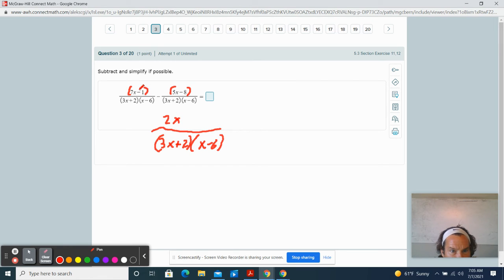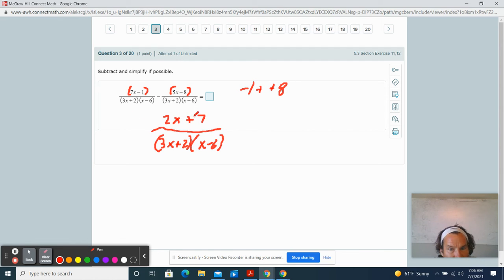And then negative 1 minus negative 8. Let me write this over here. Negative 1 minus negative 8 is really like negative 1 plus a positive 8. Remember, if we have a minus minus, it becomes a plus. So negative 1 plus 8 is 7.